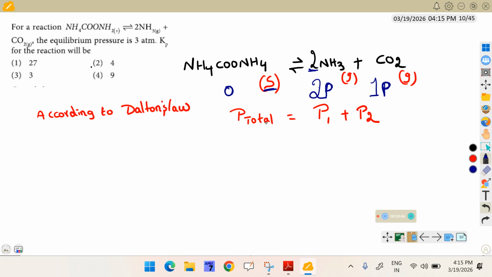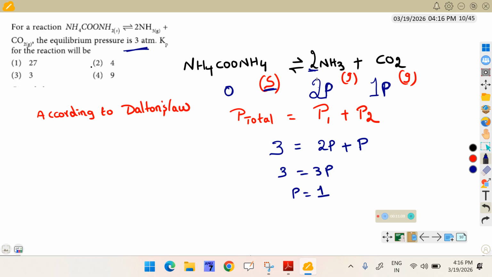According to Dalton's law, total pressure is equal to the sum of the partial pressures. Then 2P plus P is equal to the equilibrium pressure. How much is it given? 3 is given. 3 is equal to 3P, then P is equal to 1.